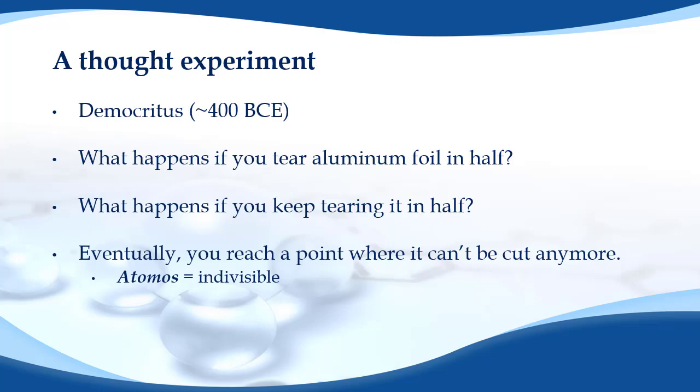That smallest point where it cannot be divided, he called atomos, which is the Greek word for indivisible. That's where we get the word atom from. Atoms are indivisible parts of an element. This is the first actual recorded use of the idea of the atom.